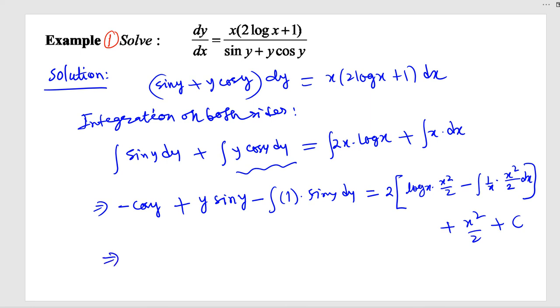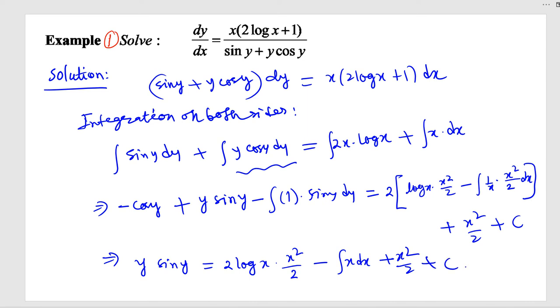Now you have y sine y equals 2 log of x into x square by 2, and we have minus x dx plus x square by 2 plus c.